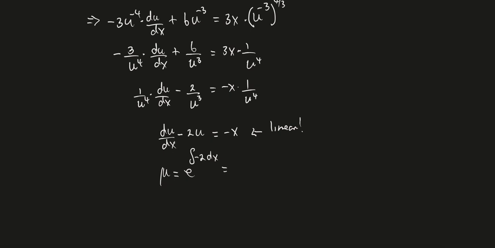That does not change with this substitution. And our integrating factor is e to the -2x. So take our e to the -2x and multiply the entire differential equation. That gives me e to the -2x times du dx minus 2e to the -2x u, and then on this side, we'll have a negative x e to the -2x.